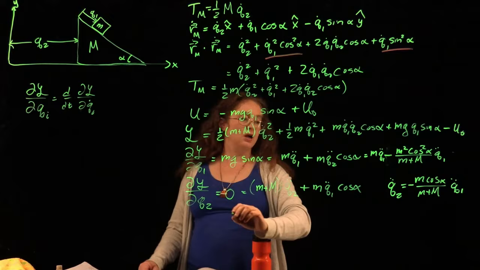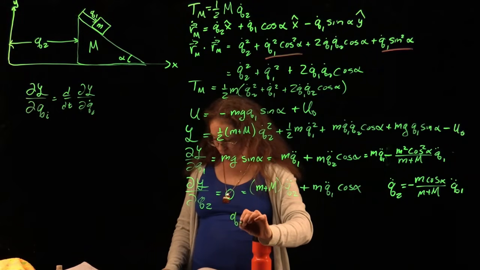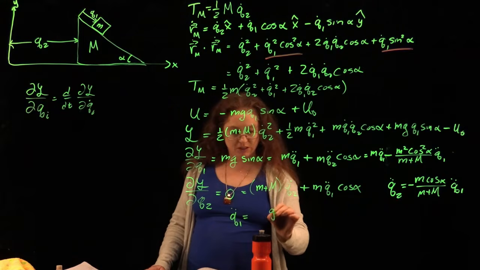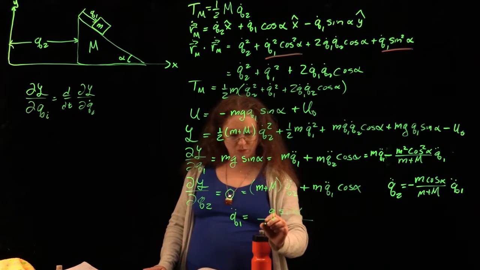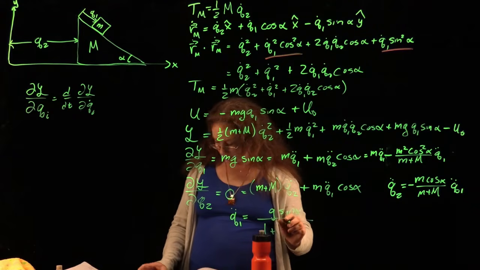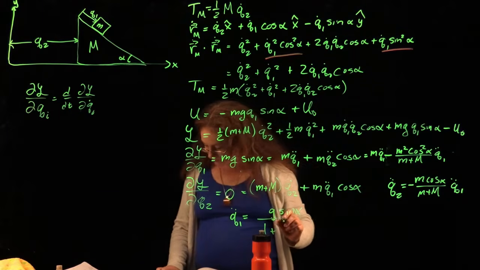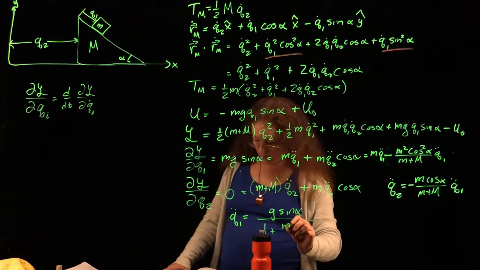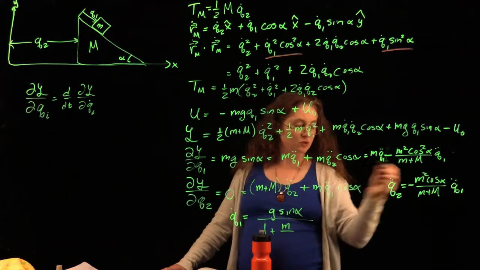So here I get q1 double dot equals g sine alpha over 1 plus m, let's see, this was an m squared.